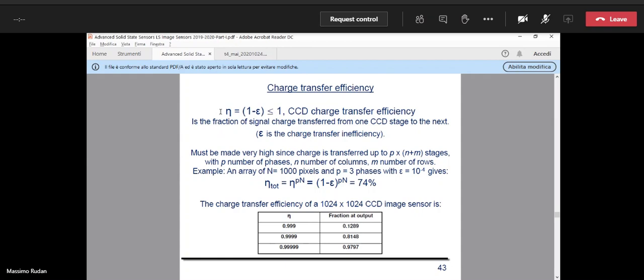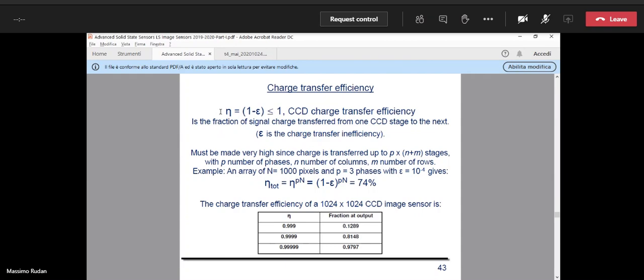So if you look at the table below, that shows the typical situation in a CCD, in a two-dimensional CCD image sensor made of an array of 1024 times 1024 gates, okay? You see that if eta is 0.999, which seems very good, actually what you collect at the end of the CCD is just 0.13, more or less, of the charge.